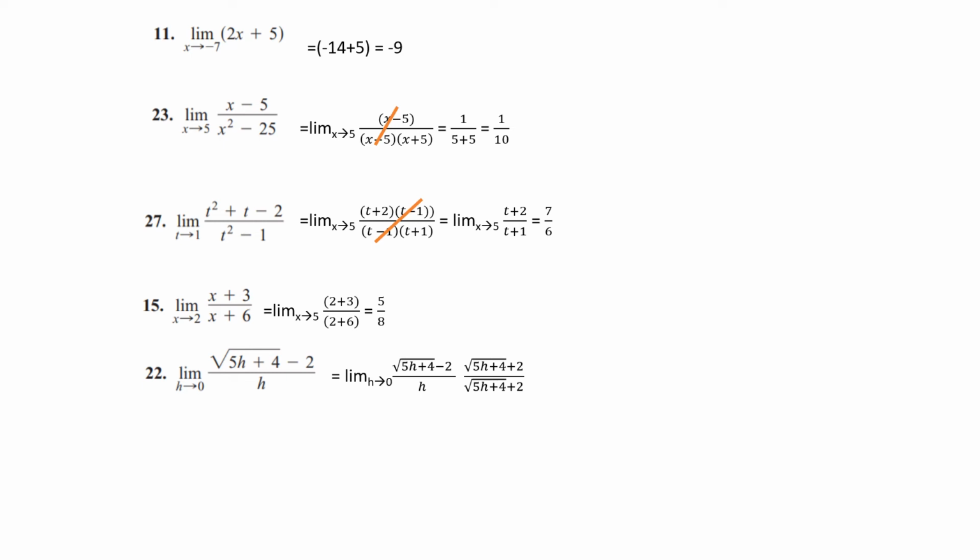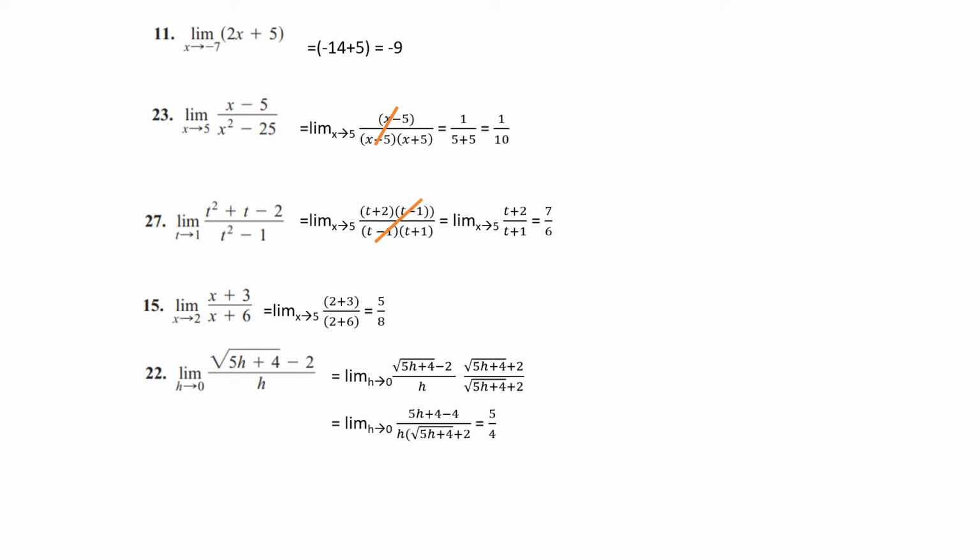What does it say? The square root of 5h plus 4, minus 2, divided by h, the limit as h goes to 0, right? Obviously, what are we supposed to do?